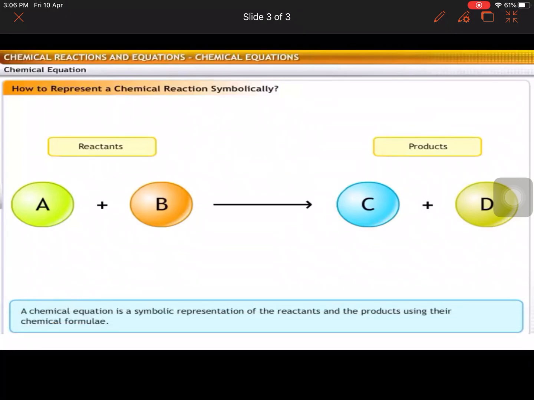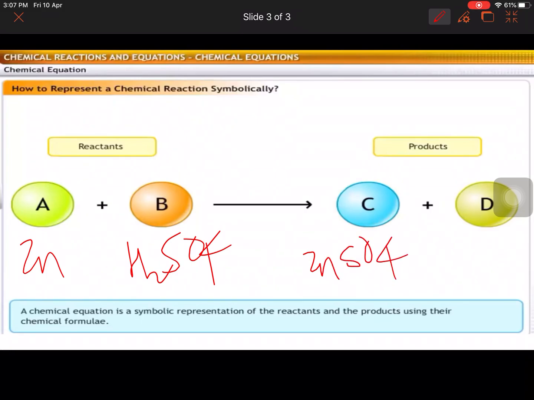See, in this topic, two kinds of reactants. Suppose A is zinc and B is H2SO4. After the reaction, suppose zinc becomes ZnSO4 and hydrogen is separated.